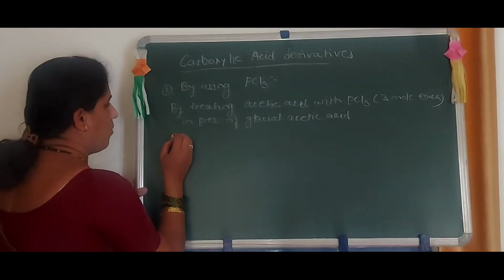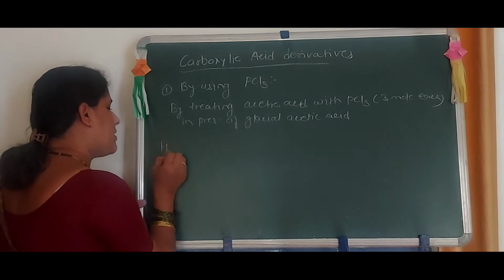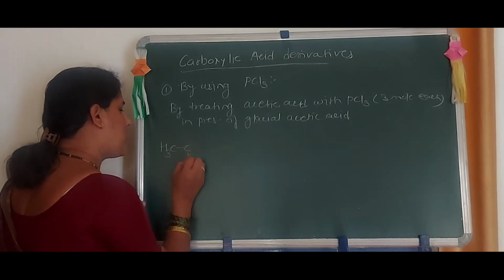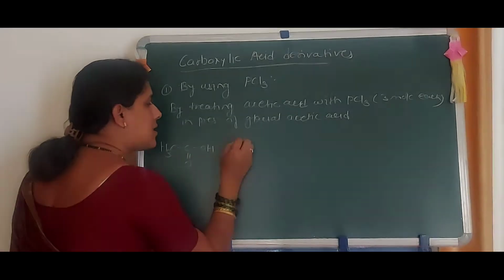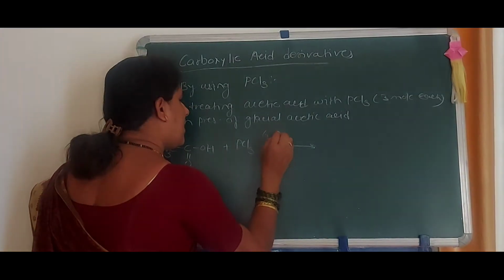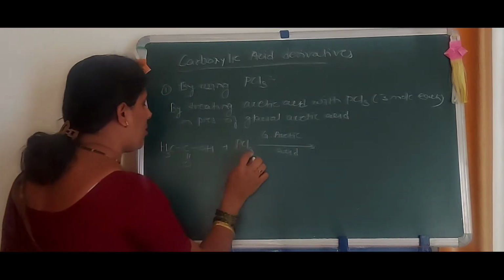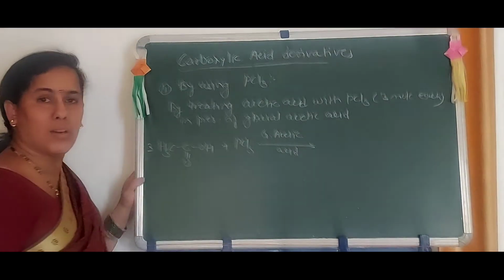Now, what is the statement? That is by treating acetic acid, CH3COOH, plus PCl3, in glacial acetic acid. As PCl3 molecules are 3, we have to use 3 moles here.